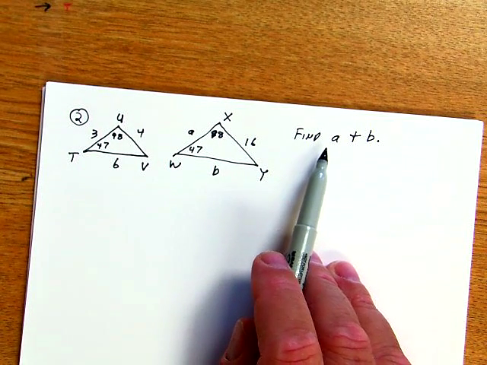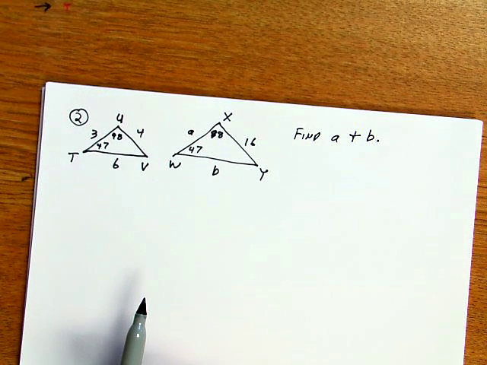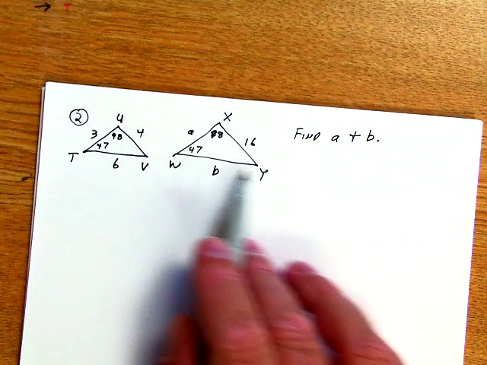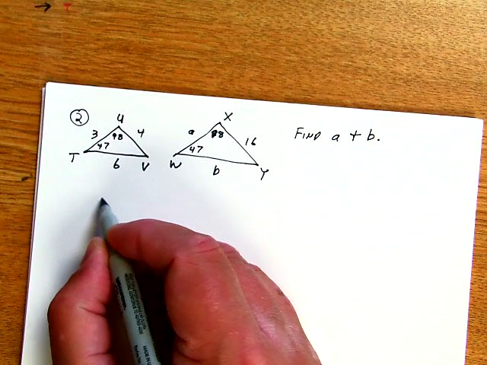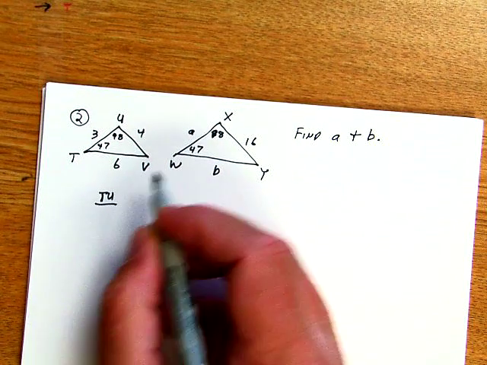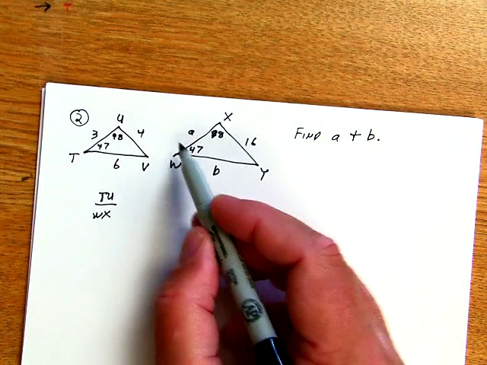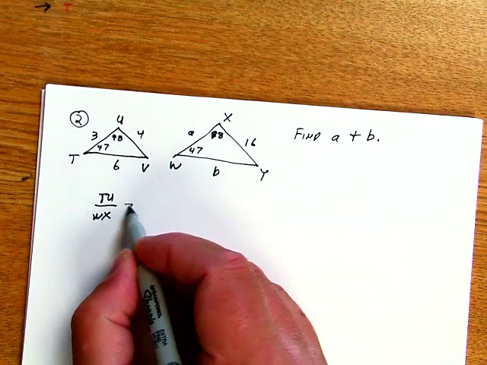Well, we can use the fact that we know these are similar, and that similar triangles have proportional sides to set up our solution. So if I look at the corresponding sides here, I'll just write them out. TU should be corresponding to WX. You see that? TU and WX are corresponding sides.